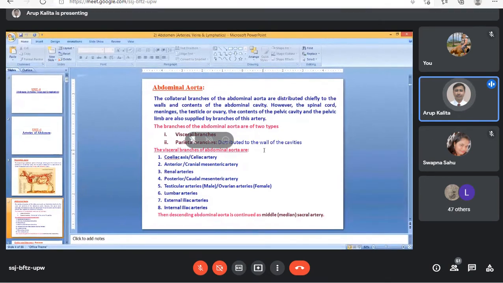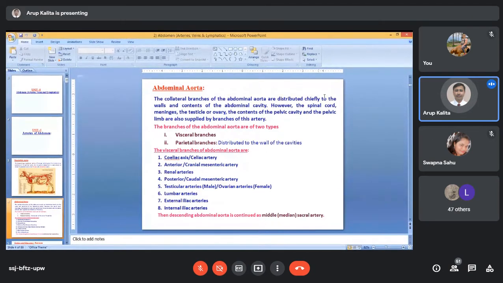Similarly, the collateral branches of the abdominal aorta distribute blood to the walls and contents of the abdominal cavity. That means the descending aorta supplies some collateral branches. These branches will supply to the abdominal wall and to the contents. Contents means organs of the abdominal cavity.